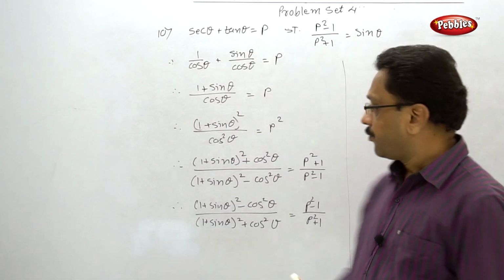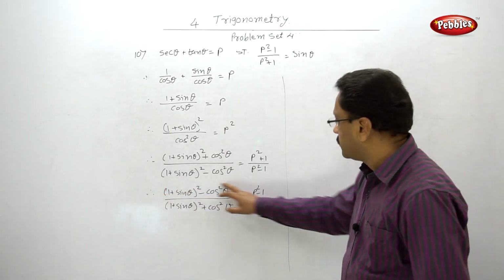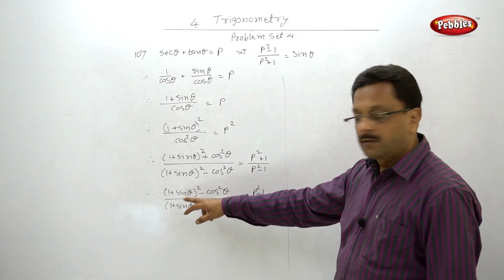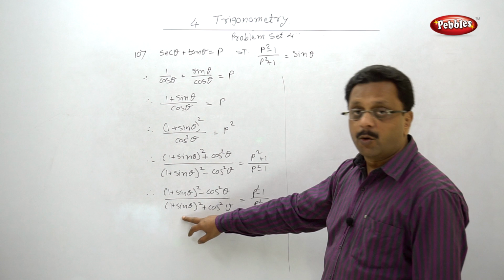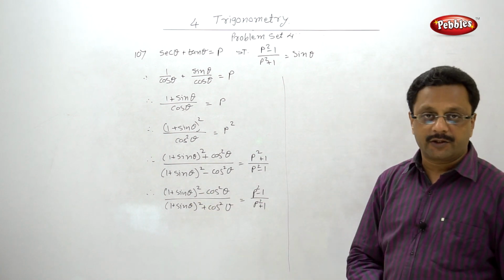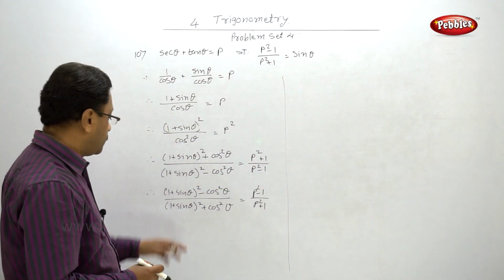Now, please pause your video here and solve this. Can you solve this? Open the bracket, this and this both. I mean expand the bracket and try to solve this. Try to find out the answer. Please pause your video and do it now. Let us do that.